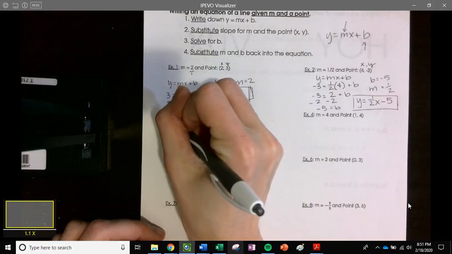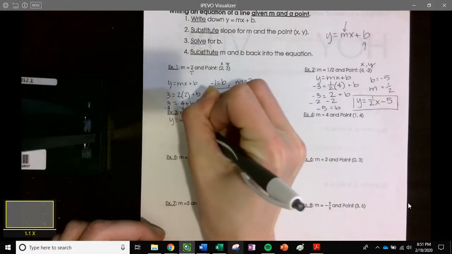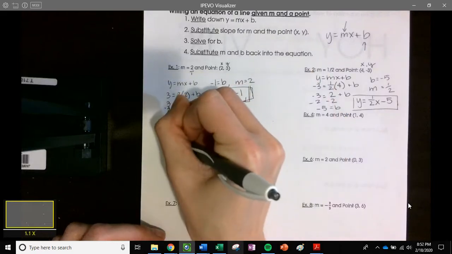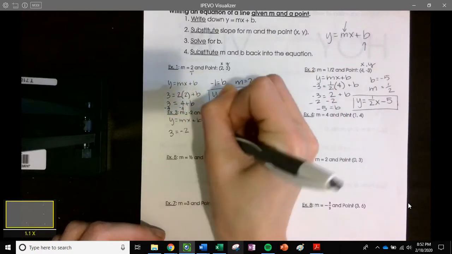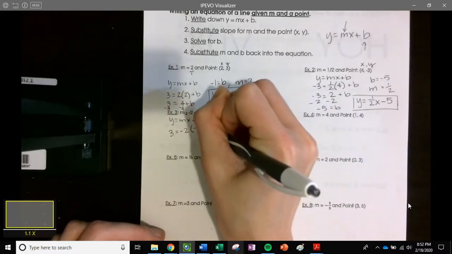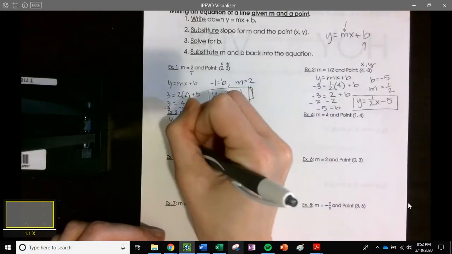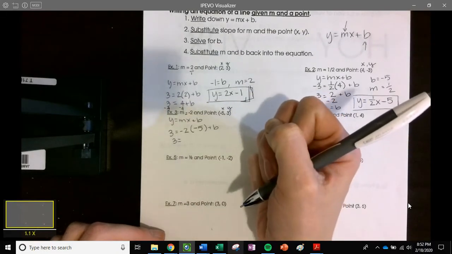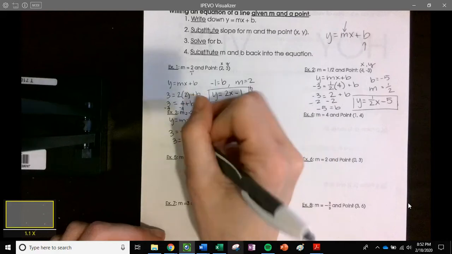Okay, so my equation is y equals mx plus b. I can fill in 3 for y. I can fill in -2 for m. And I can fill in -5 for x. And I'm solving for b. -2 times -5, a negative times a negative is going to be a positive number. 2 times 5 is 10.